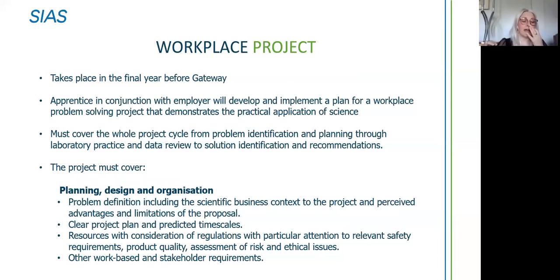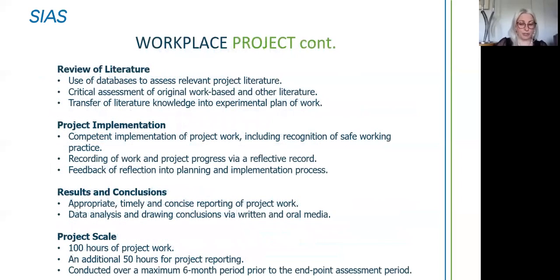Now, what I've got on here is what the project should cover. So we should have a planning aspect, a design aspect, and organisation. And you can see the different bullets that we've got underneath there, as well as a review of the literature, project implementation, results and conclusions, and the project scale, all right?